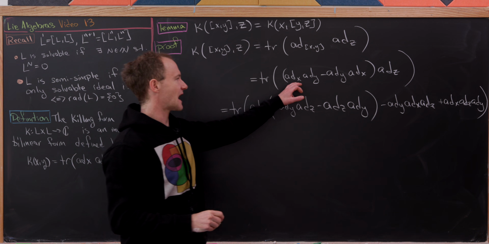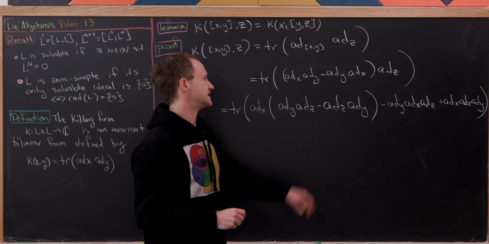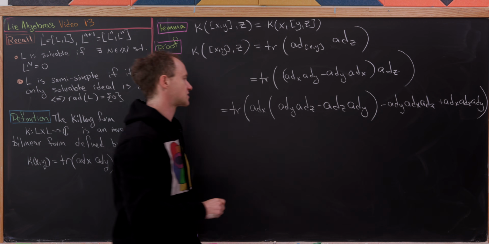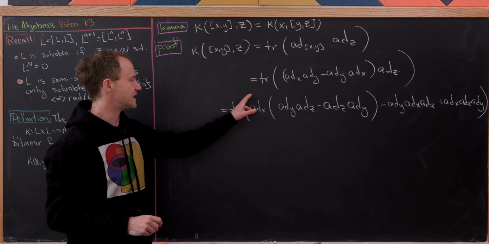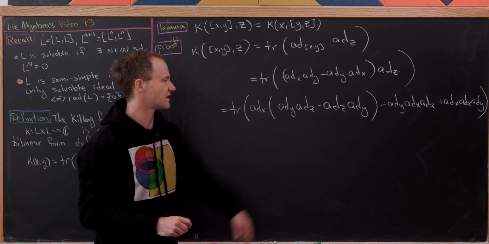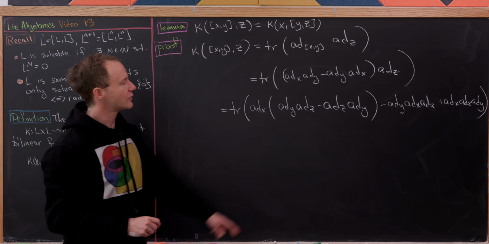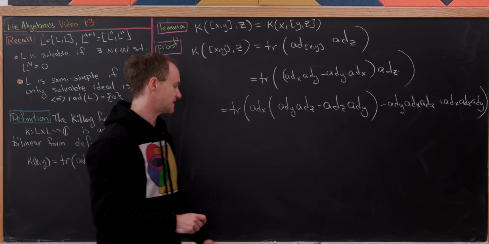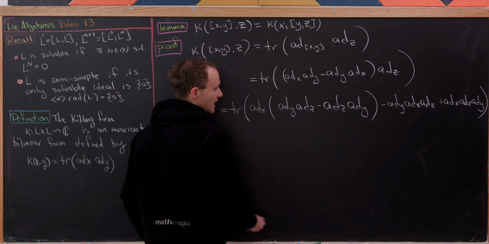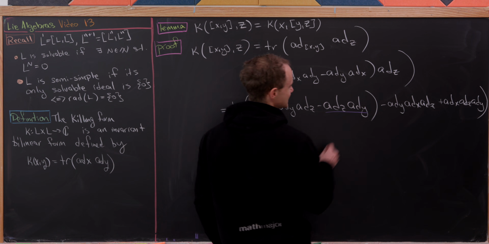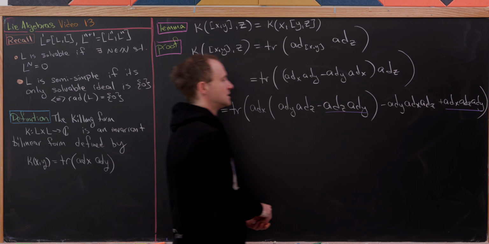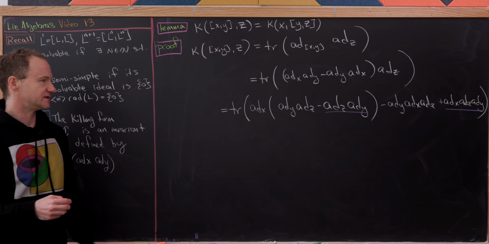So we naturally have a term in the order of x, y, z, from this term multiplying onto this term. So we see that from the distribution of ad x onto this first term. And then we also naturally have one in the order y, x, z. So what we've done is we have subtracted this term and then added it back in. So that's our adding of 0.